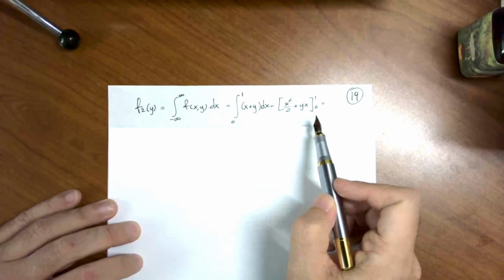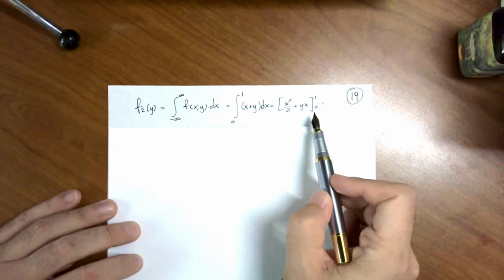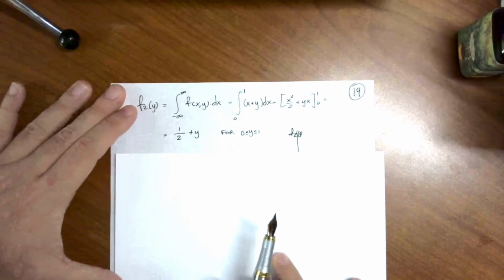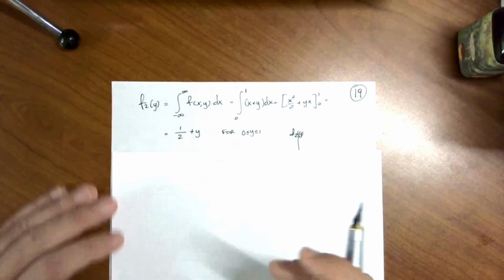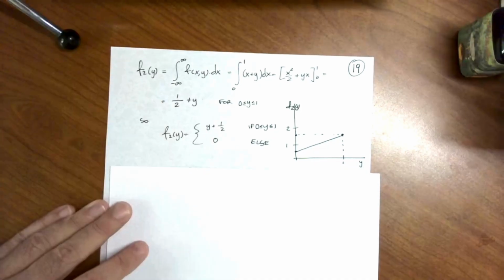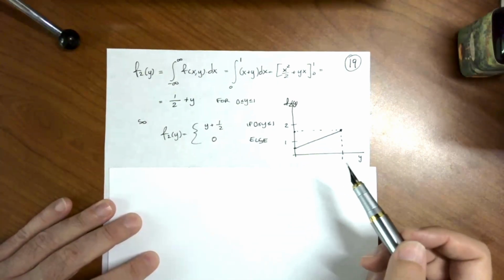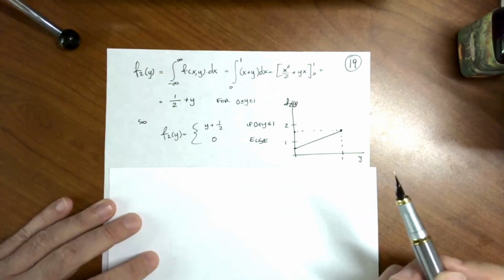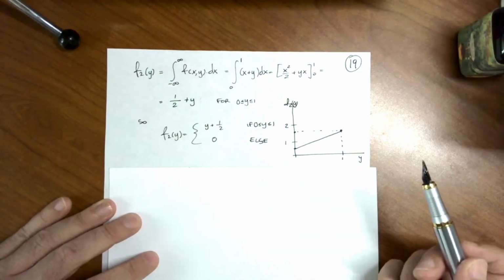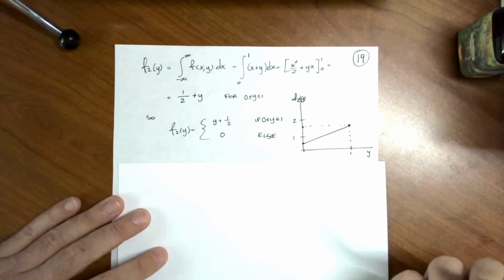You can easily calculate the value of this integral evaluated at points 1 and 0 and get your answer, which is y plus 1/2 for the domain of y. And you can also plot this for y and have that visual representation of the marginal distribution, a two-dimensional figure that reflects some behavior from a three-dimensional joint PDF.